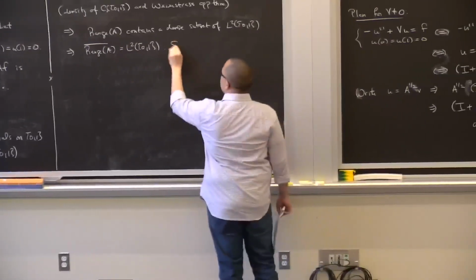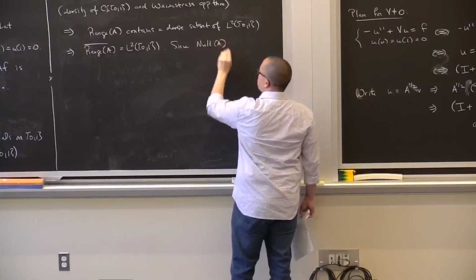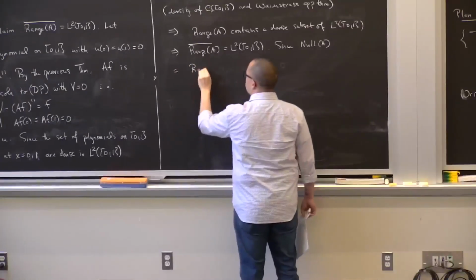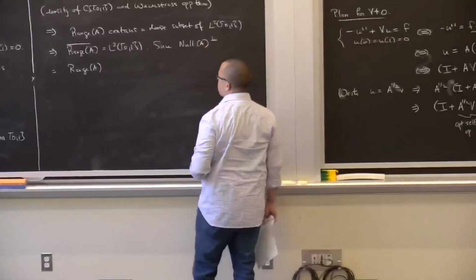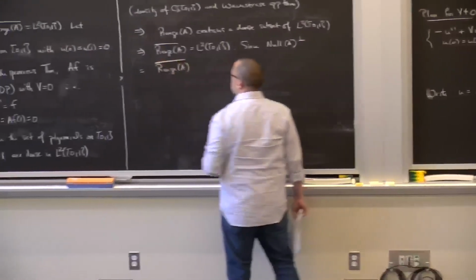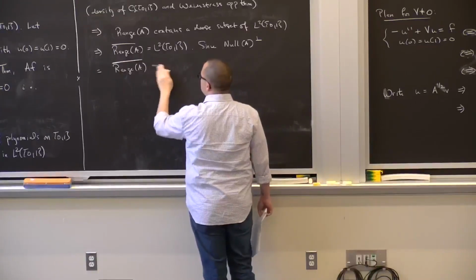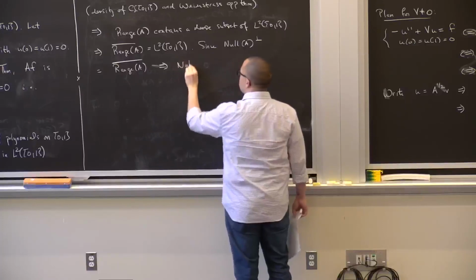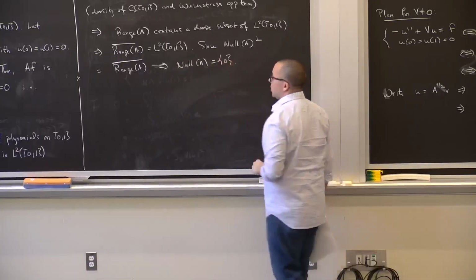And then since the orthogonal complement of the null space of A is equal to the closure of the range, which equals L2 of 0, 1, I conclude that the null space of A is just the trivial vector.